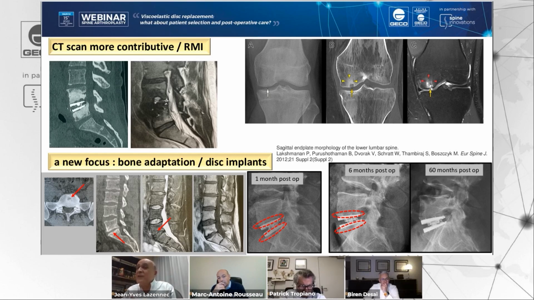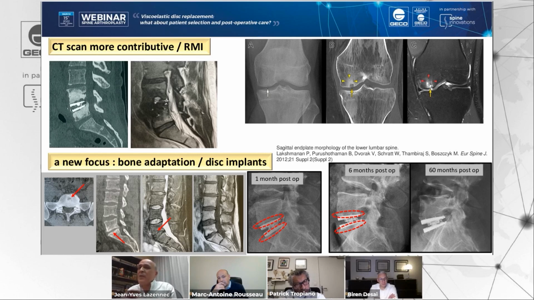So it is very interesting to use a CT scan for this. And there are some papers. For this paper, I put the reference in European Spine, showing the importance of the analysis of those end plates because of the risk of mismatch between the end plate and the implant. It is a problem, for example, for keel implants.